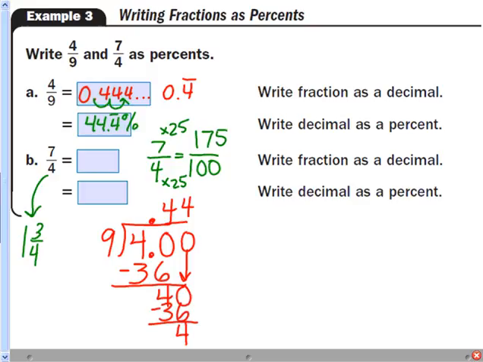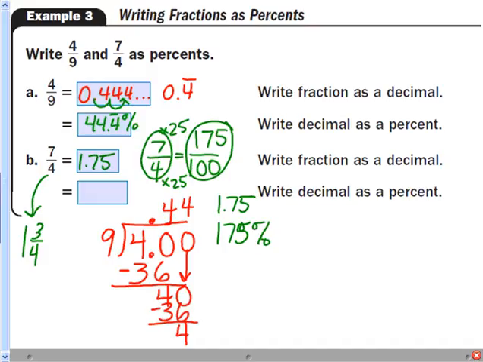So this fraction, 7/4, is equivalent to 175 over 100, which as a decimal, 175 hundredths, is 1.75. And as a percent, it's 175%. So as a decimal, 1.75. As a percent, 175%.